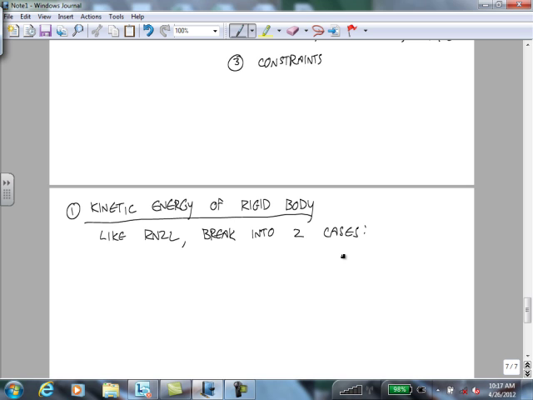So the two cases here are A, if the object, the rigid body, rotates about a fixed point, and the second case is it doesn't have a fixed point.